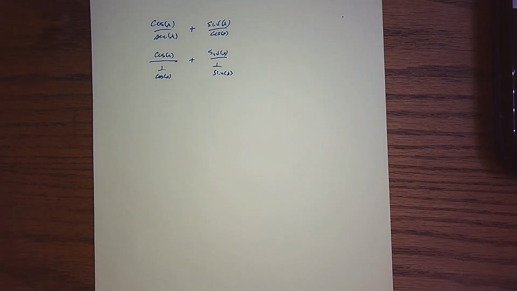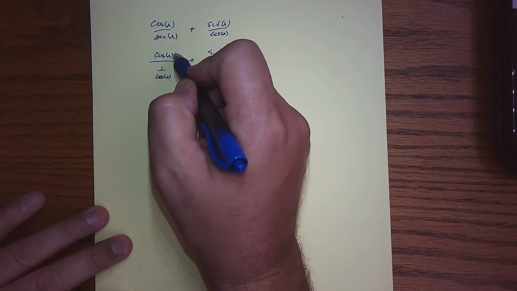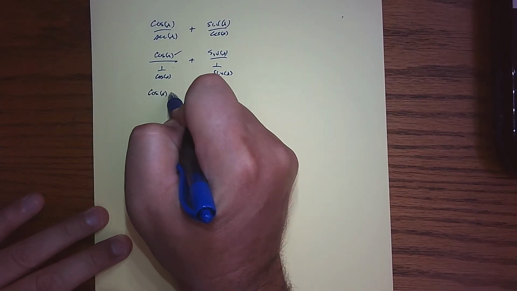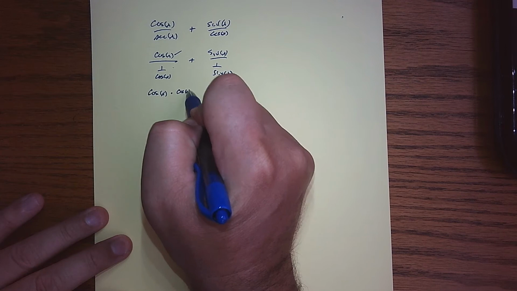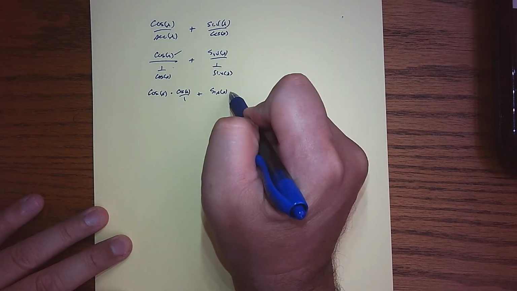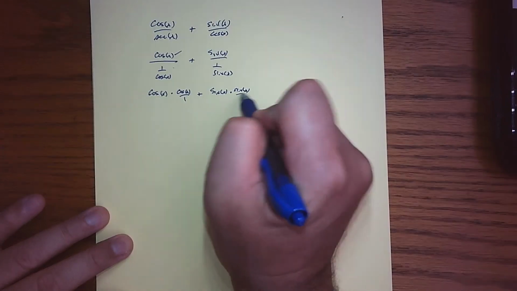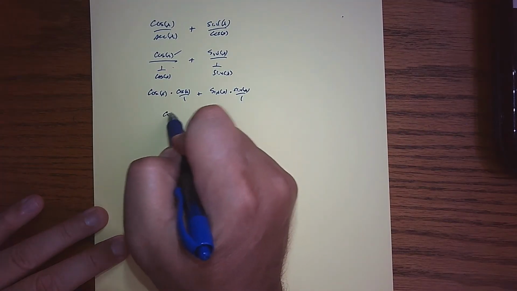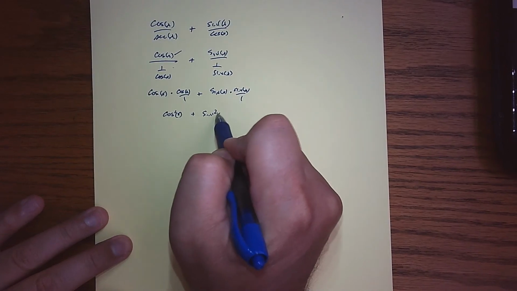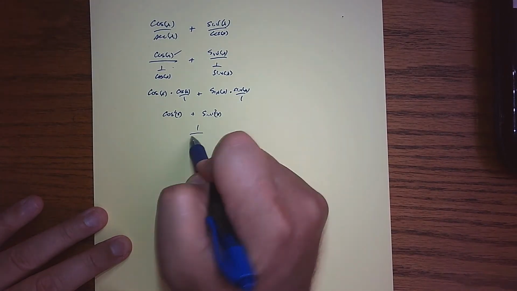So perhaps starting that way will actually get us a little bit closer to something as opposed to what we did before. Here we're going to multiply by the reciprocal, so we get cosine of x times cosine of x over 1, plus same thing here, we're going to multiply by the reciprocal, and of course we end up with cosine squared x plus sine squared x, and that we know to be 1.